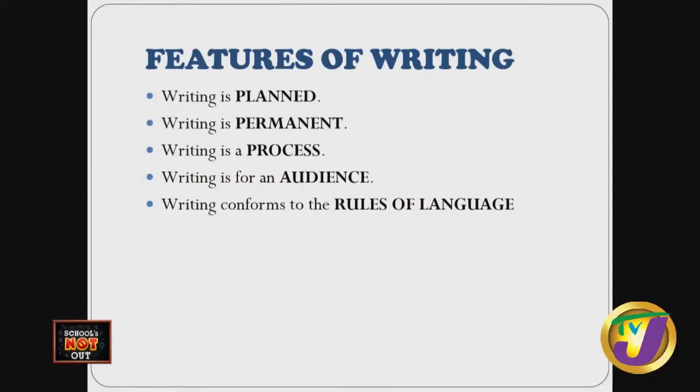It calls for an audience. Who is our listener? Who is our reader? And lastly, rules of language. Please remember that when we write, we must remember the rules governing the language. I'm sure what you just read did not show that the writer used all the necessary rules of language.